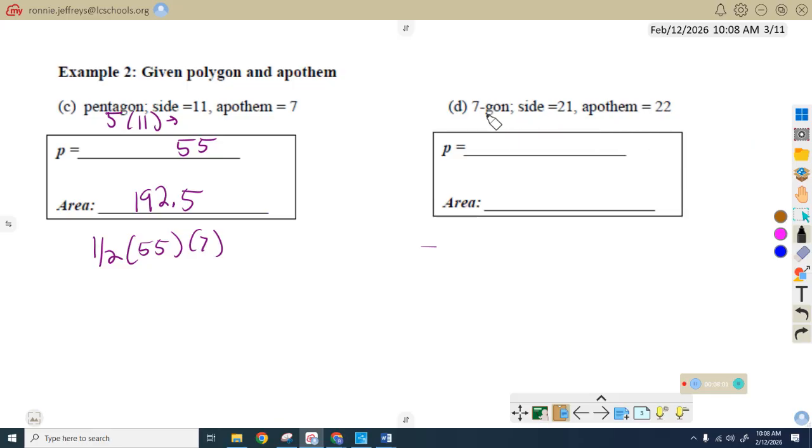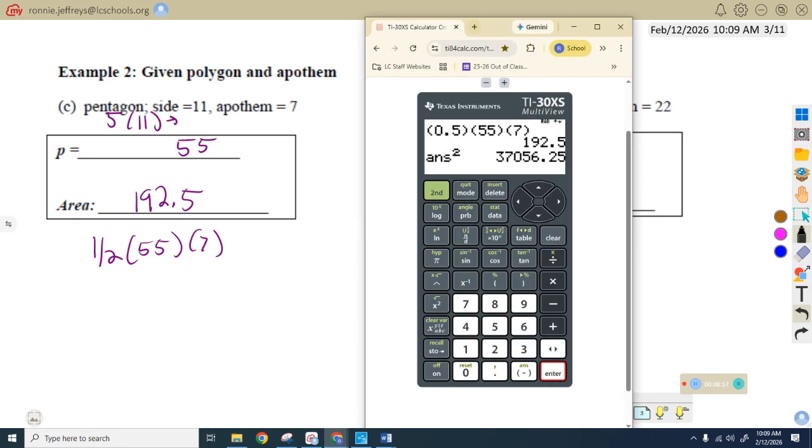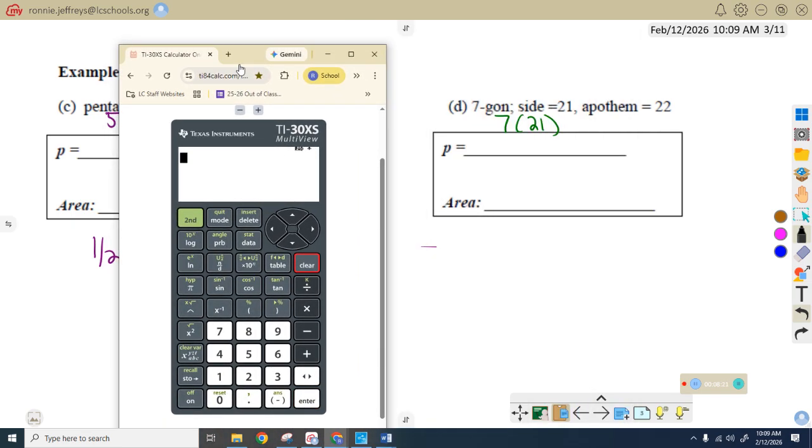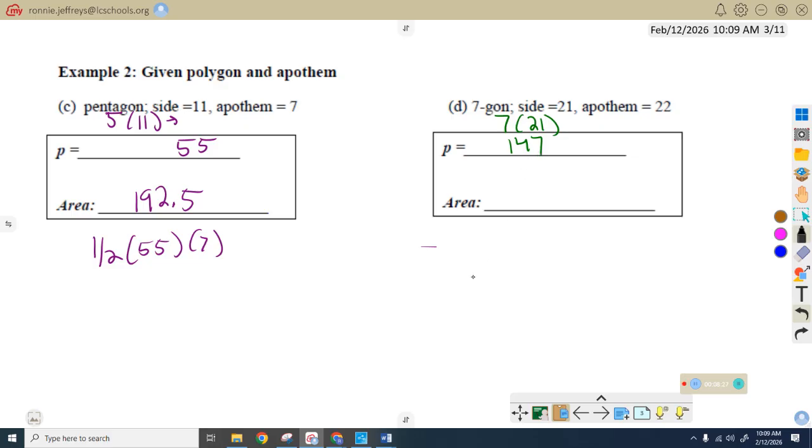Alright, now, the next one. I wonder how many sides. 8. So my perimeter is 147.